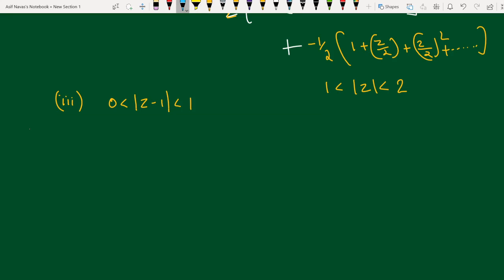So here the center is different, right? So our region is 0 less than mod z minus 1 less than 1. Here the center is 1, so we want to expand it into the form z minus 1 all raised to n.